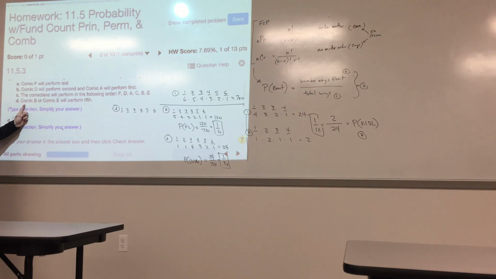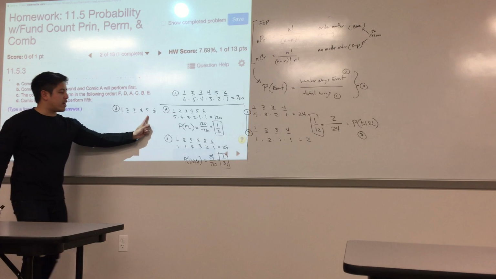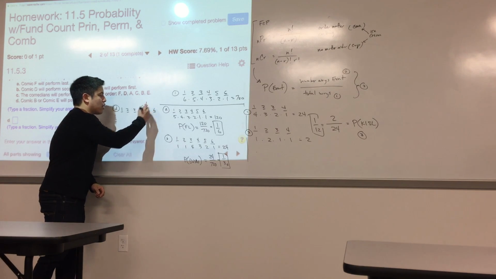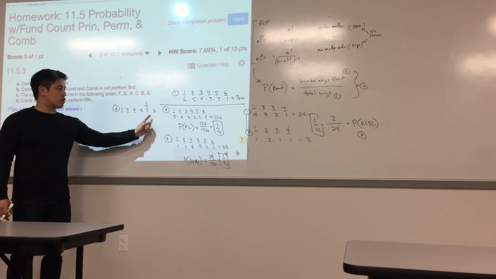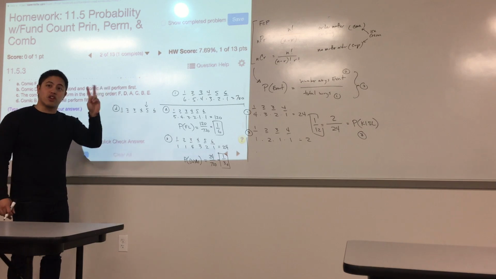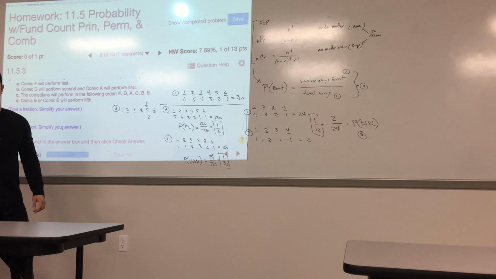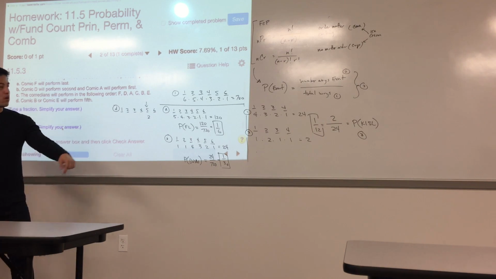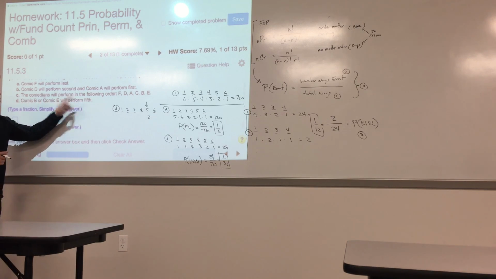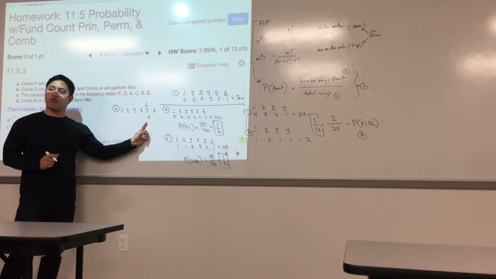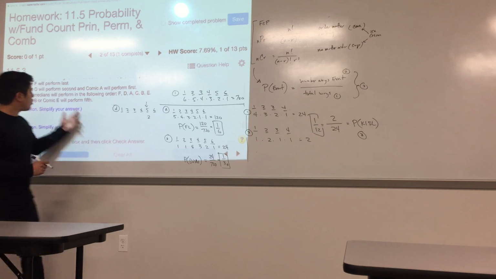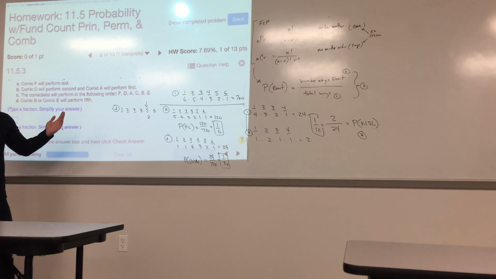So when they say comic B or E will perform 5th, what does that tell us about the 5th position? Is it just one option? It's 2. So this is 2 options here. Now, here's the tricky part. Are both of these guys going at the same time?